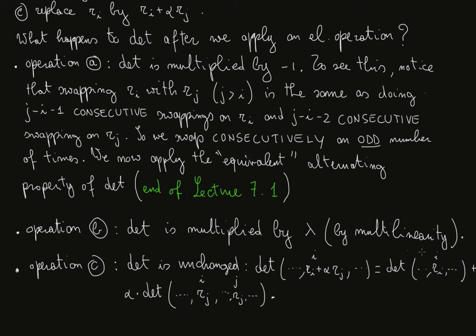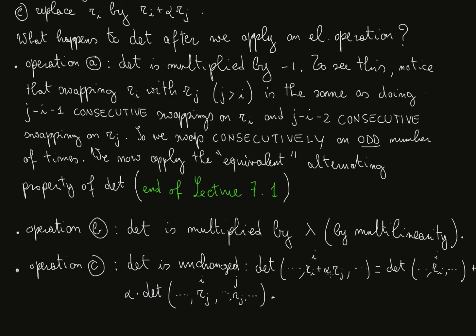So this is going to be the first summand of the expression of the linearity of the determinant we are applying here, plus the second summand, which is going to be the determinant of the same i minus 1 vectors, and then in the ith position we will have alpha times Rj and then the remaining vectors.